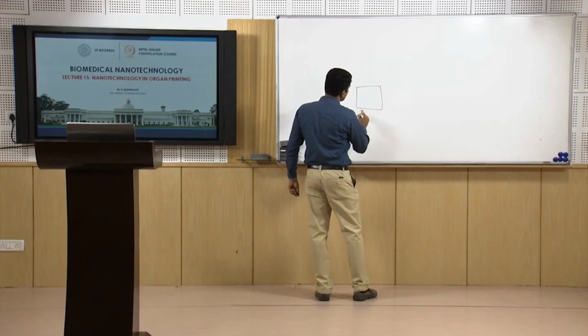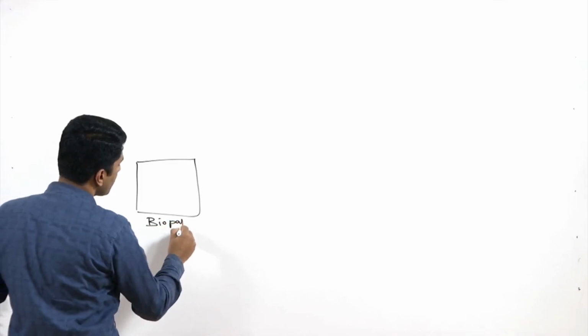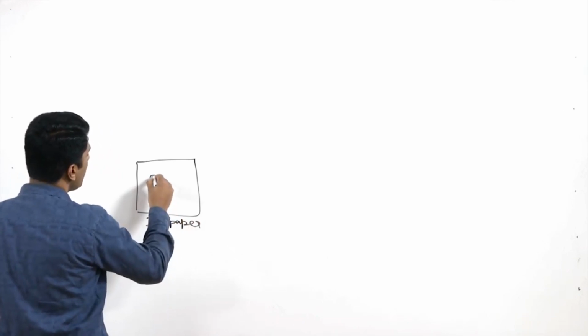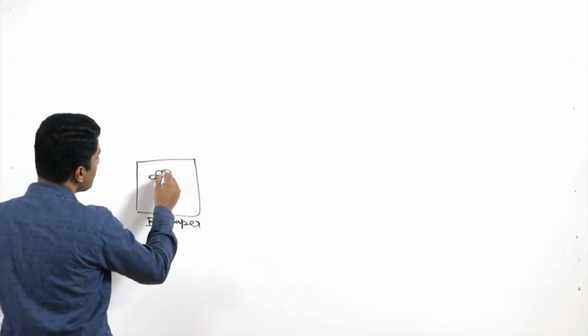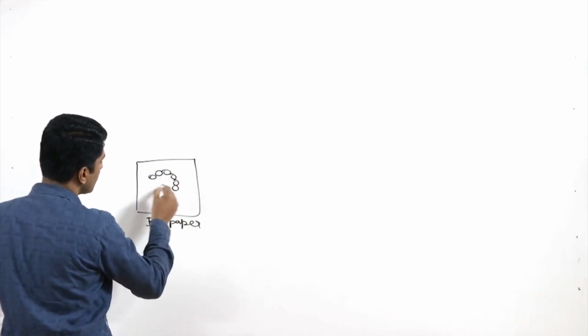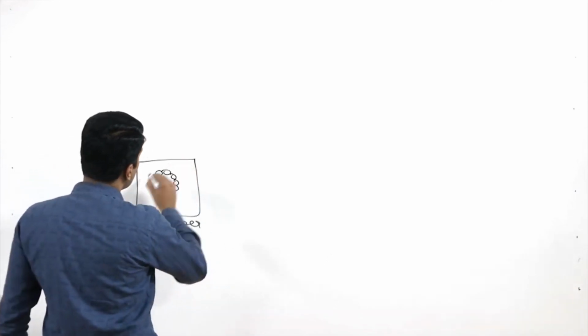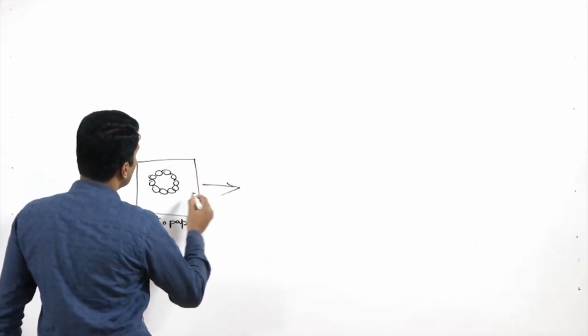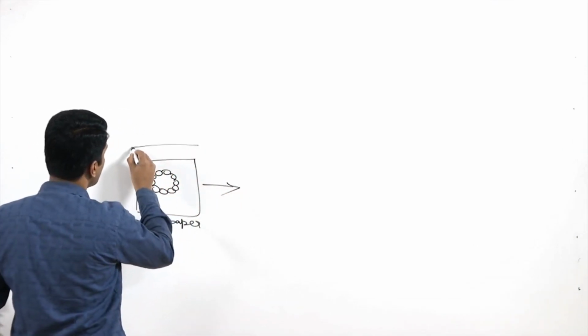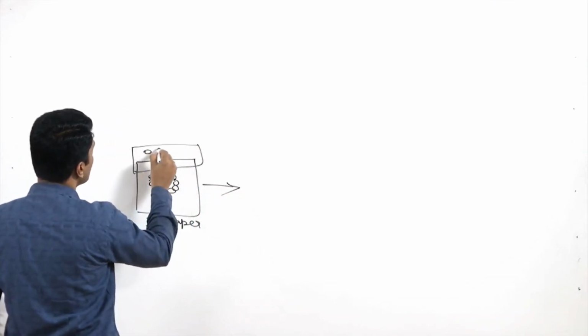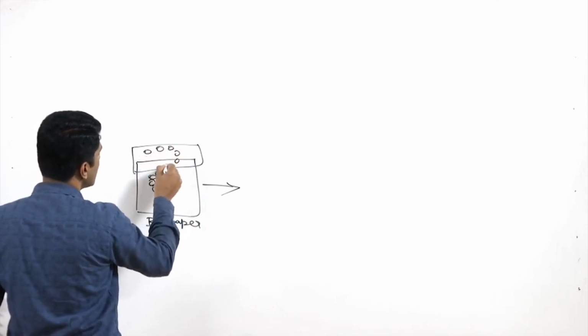This is your bio paper, and on the top of the bio paper you are going to print these cells. Once it is printed, you can put another paper on the top, and you can print another layer of cells.